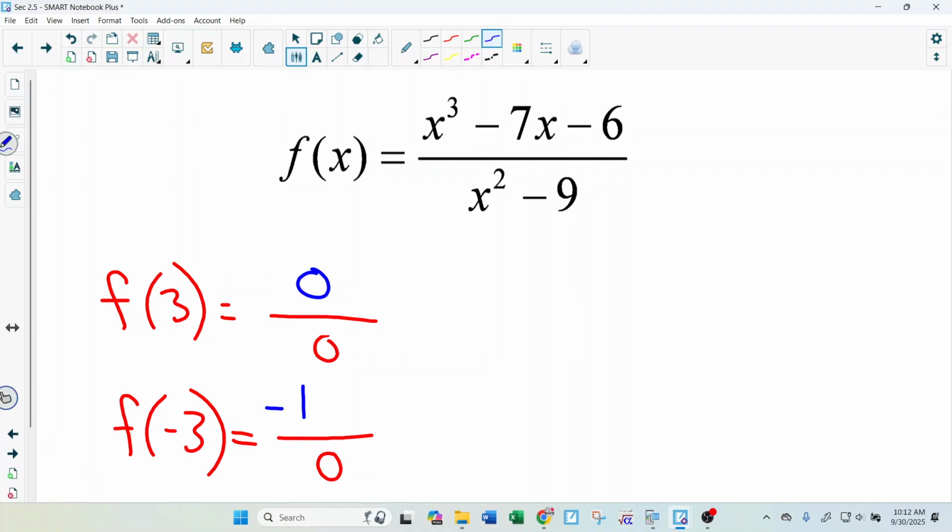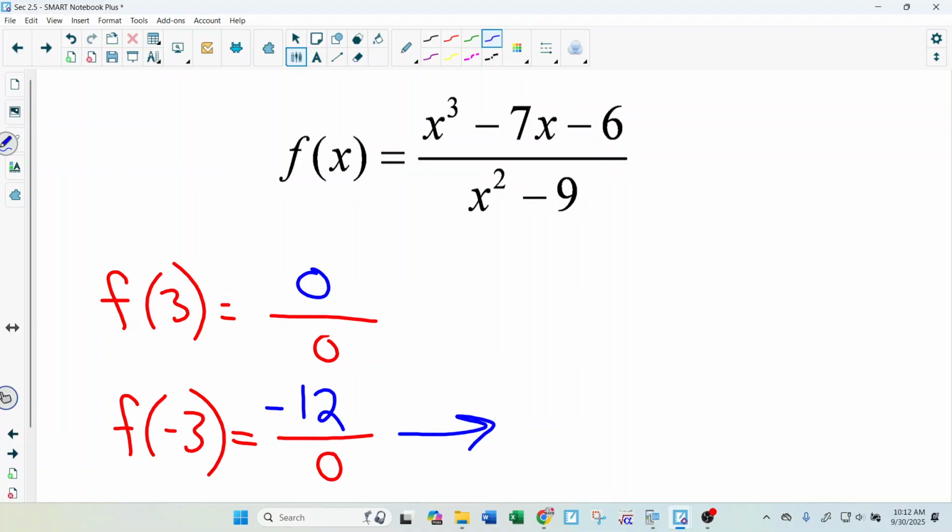Negative 12. Okay. So there's something different between those two, right? One is 0 over 0, one is negative 12. So what does that mean? If you get a number over 0, think back to our limits. A number over 0, that would be what in terms of a limit? That's infinity, right? Now we don't know left and right and all that. We're not getting into that.